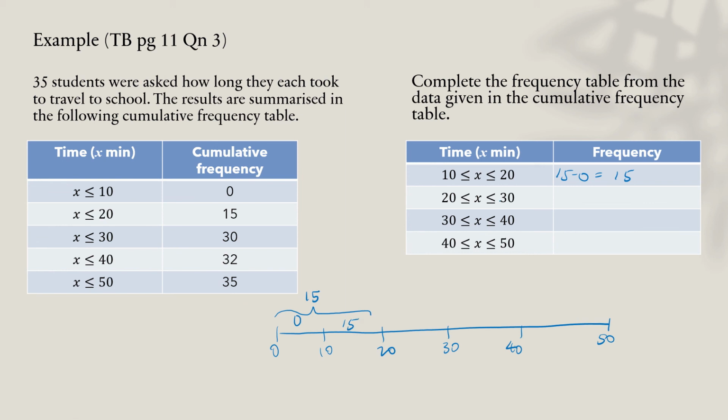Next one, between 20 to 30, which is this part here, is what we want to find, but we need to use the information given from here because from 0 to 30, there are 30 students who took this much. So if we draw this out, from 0 to 30 is 30 students. Therefore, the number of students who took between 20 to 30 minutes will be 30 minus 15, and you get 15.